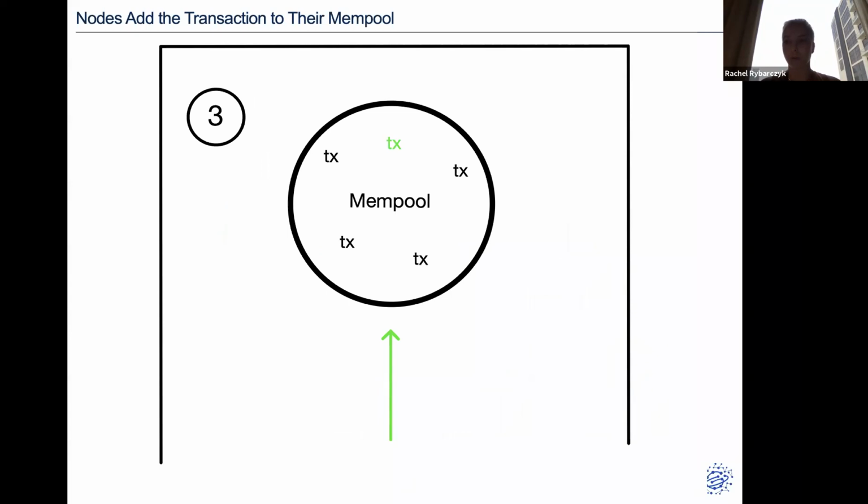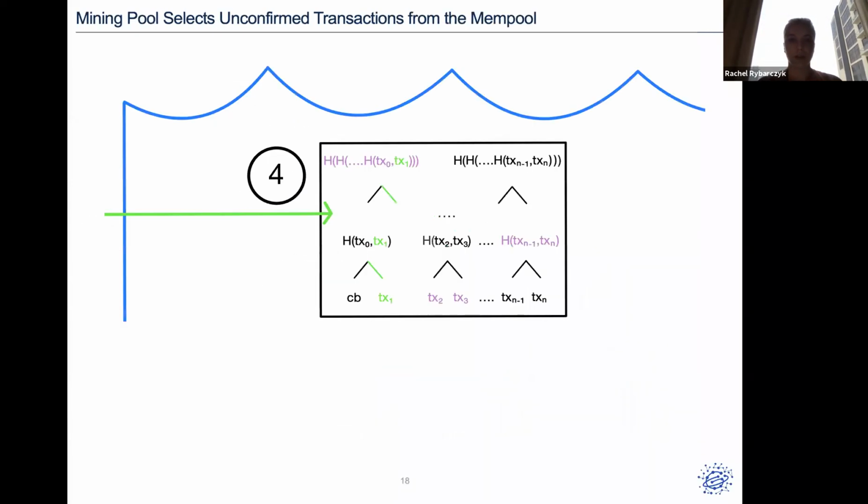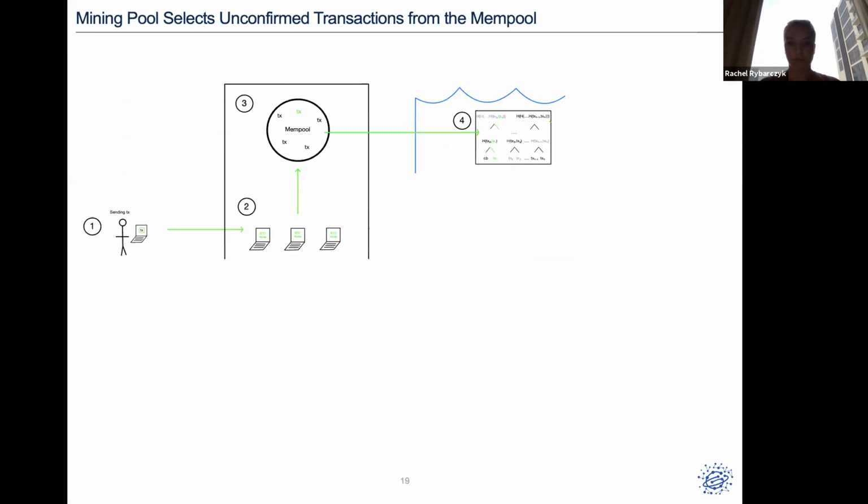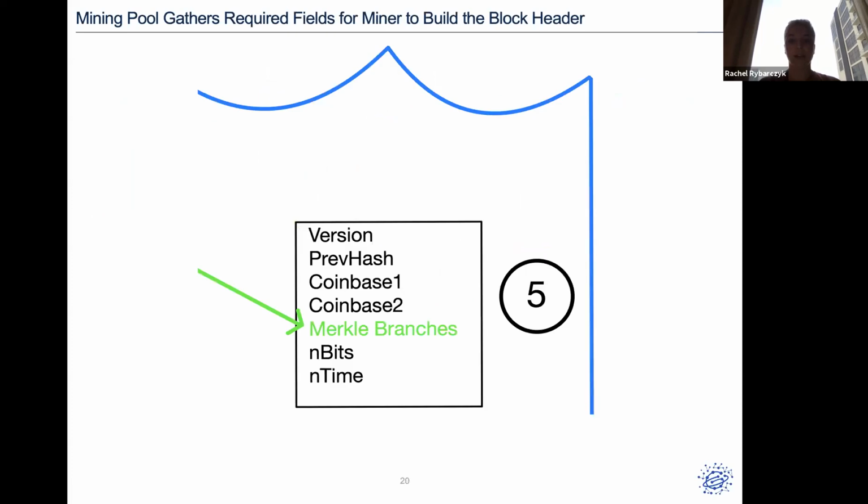It's sort of like a waiting room for unconfirmed transactions. Now the pool selects a series of unconfirmed transactions and orders them in a data structure called a Merkle tree, which we'll talk about later. And then it collects other data that's pertinent to the block header, as well as the branches of the Merkle tree to send to the miner.